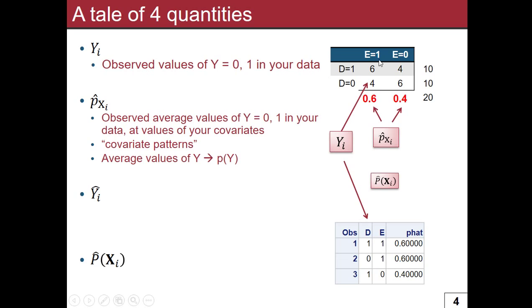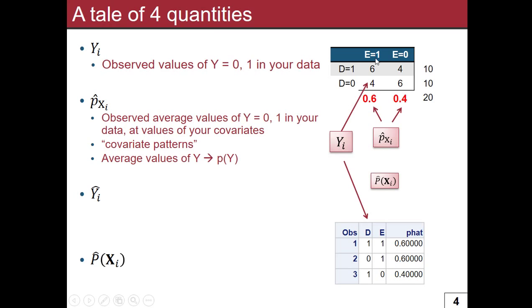The probability of disease given you're exposed is 0.6, with 1 for exposure. 0.4 is the probability of disease given you're unexposed. We call this quantity many things: risk, probability, and so forth. Here, in a really generic way, it's basically these probabilities at these values of x.